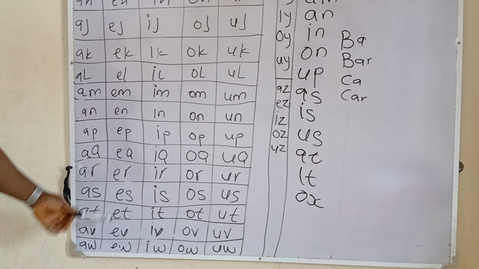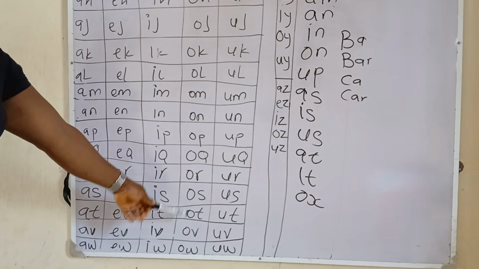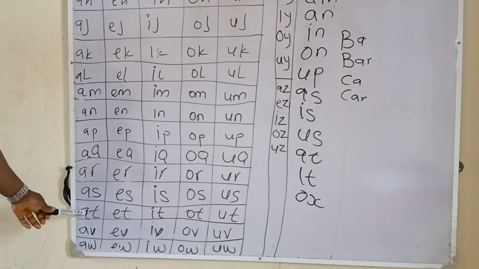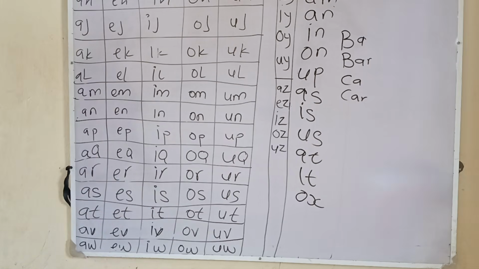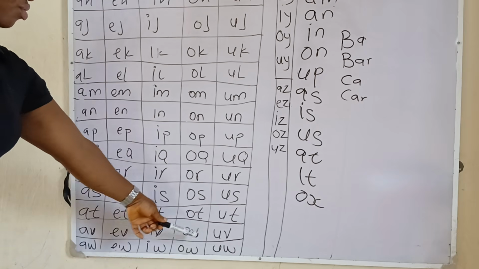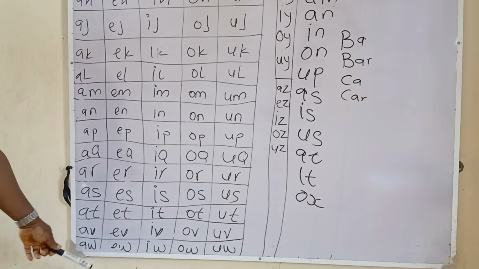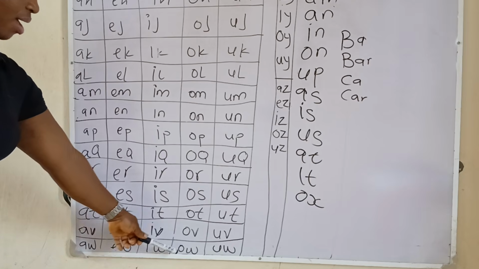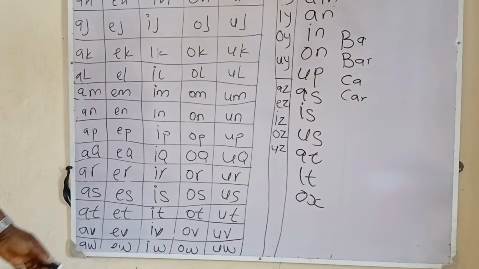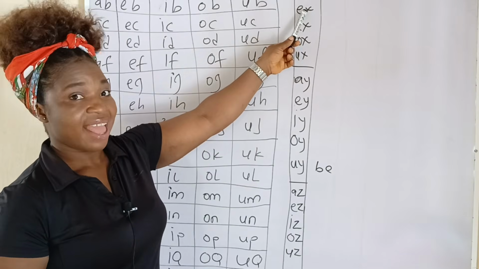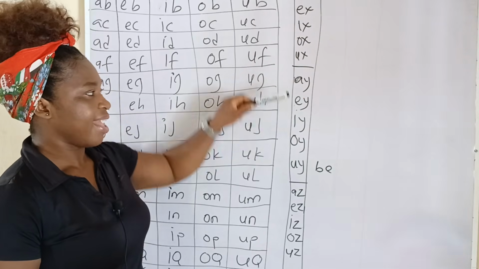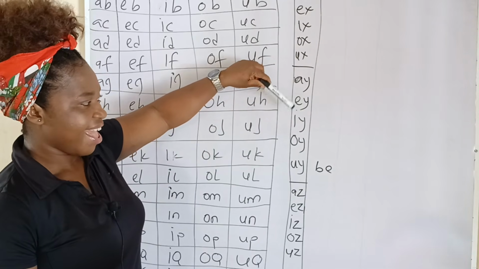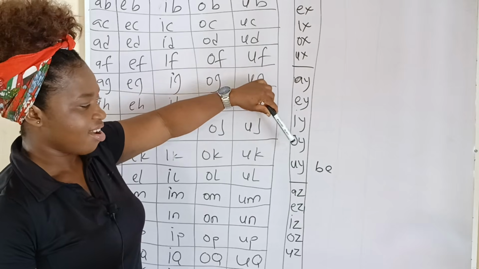As, es, is, os, us. At, et, it, ot, ut. Av, ev, iv, ov, uv. Ax, ex, ix, ox, ux. A, e, i, o, u.